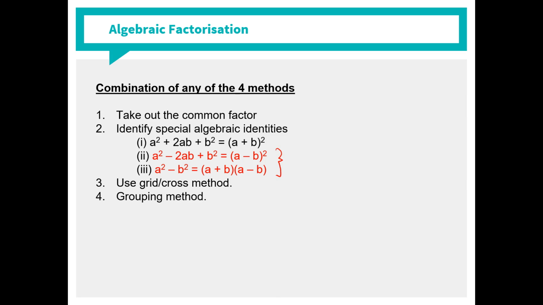There are other ways that the examiner can be creative, but the key idea is always to stay calm and think back to all your steps, and see if it is a combination of these 4 algebraic factorization methods, and you should be fine. If anything, you can always ask me the question.